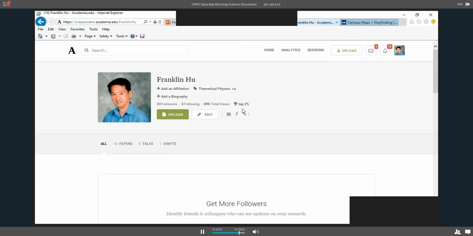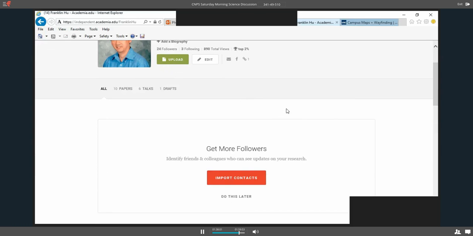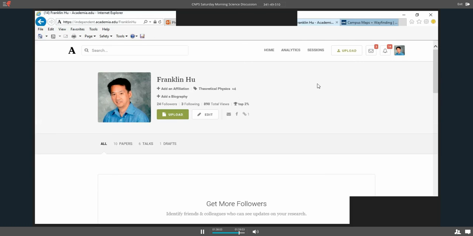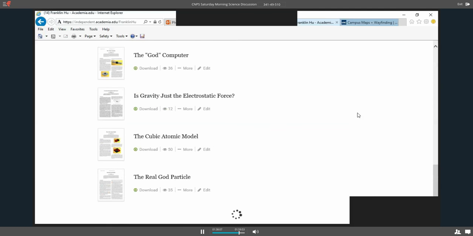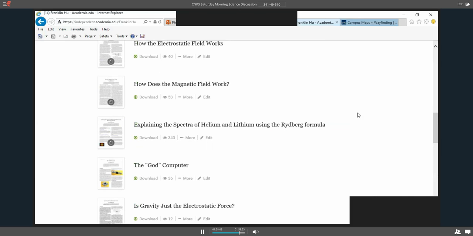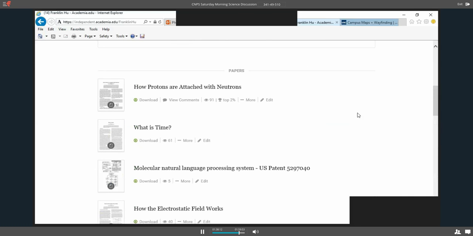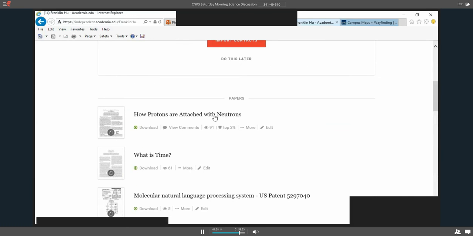And apparently I'm in the top 2% on this particular website. So I have a bunch of papers. So my newest paper is, oh yeah, how protons are attached with neutrons.